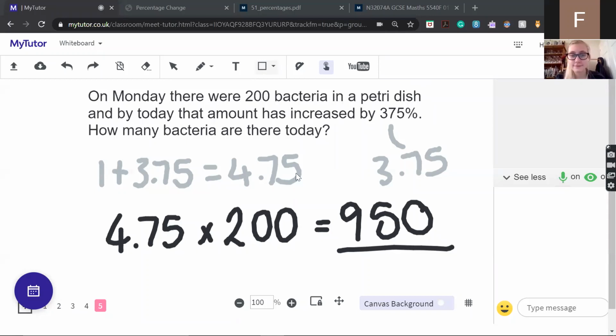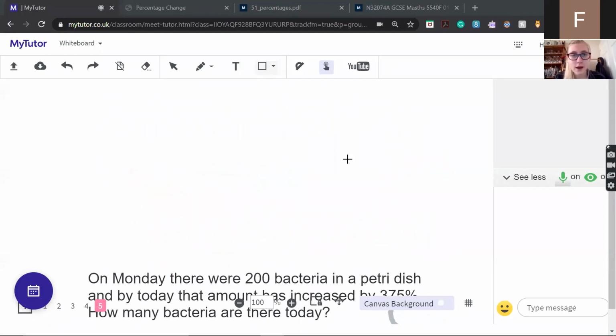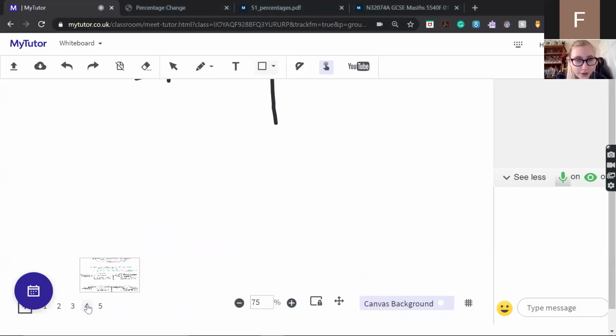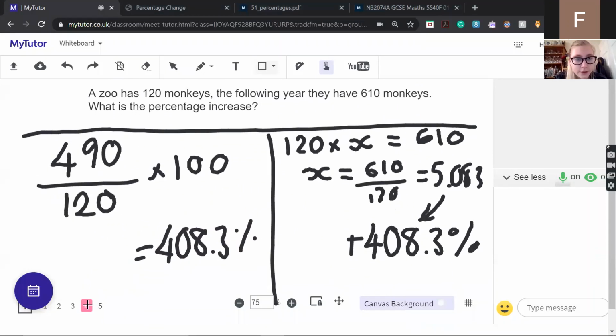Cool, and someone's asked, what is the difference between method A and B? Let me find one where I've done them both and I'll show you. So for example here, method A, we're working out the actual increase as a percentage, whereas this method, we're kind of working backwards and thinking about it in terms of our multiplier.